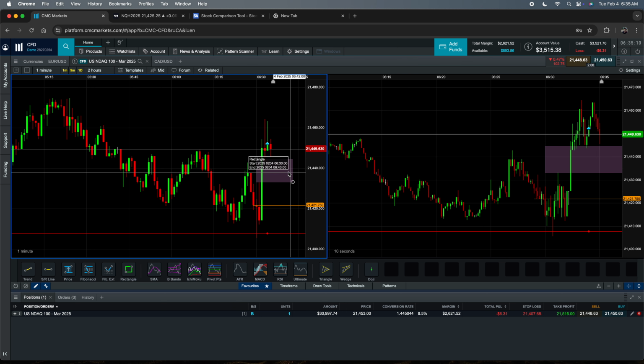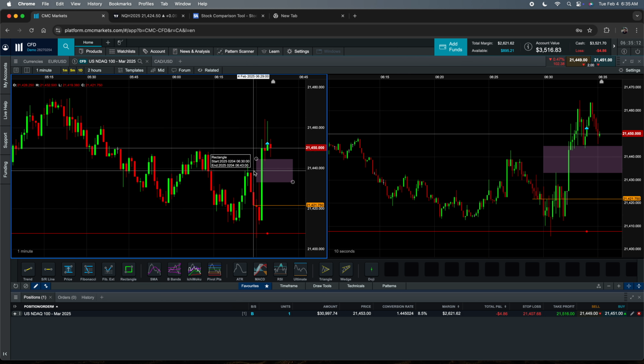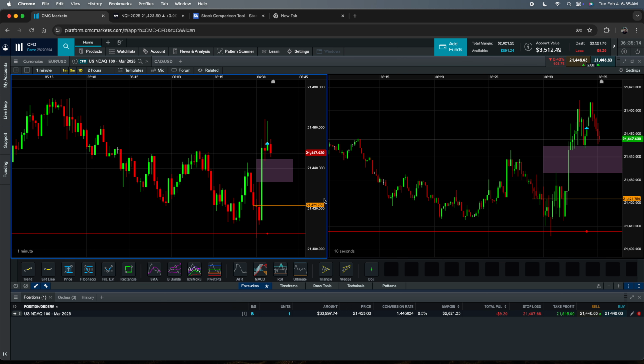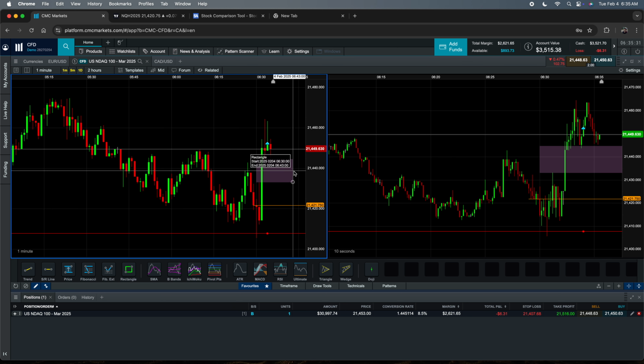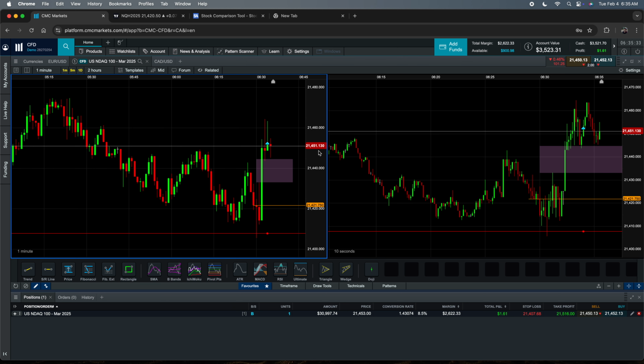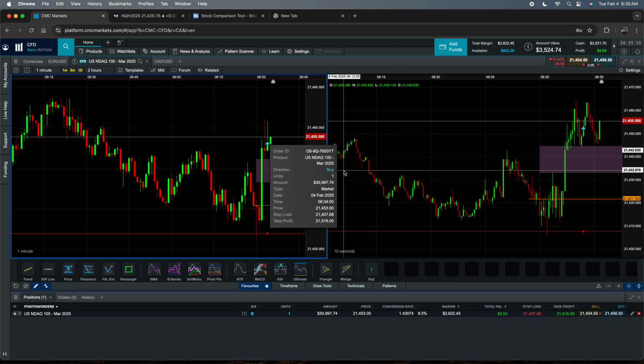I'm anticipating coming down into this box here, into the gap, and that's permissible. Sometimes price takes off with you and it doesn't give you the chance to come back into here, into the midpoint, and that's why I enter up here.